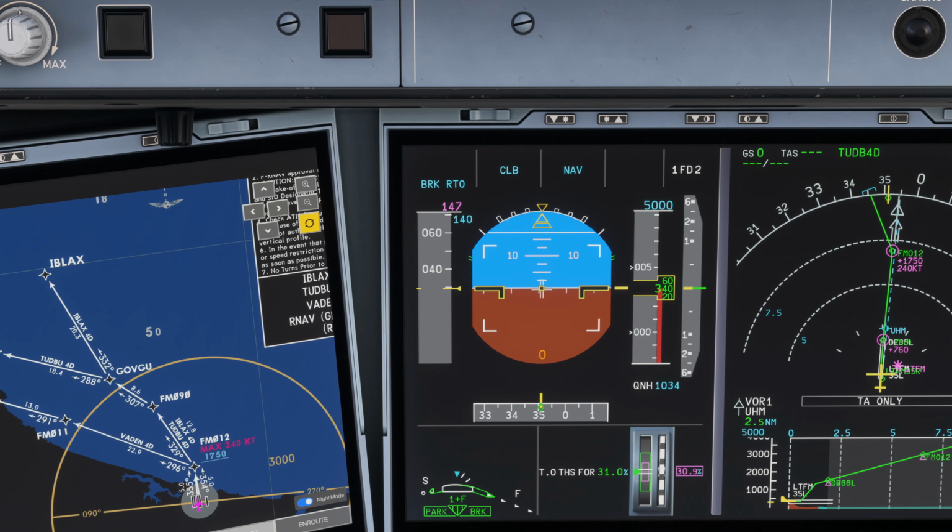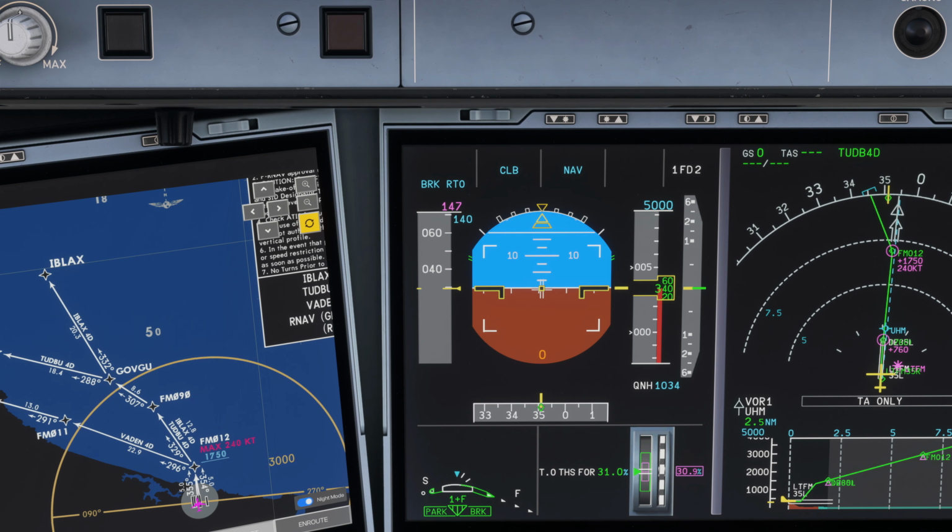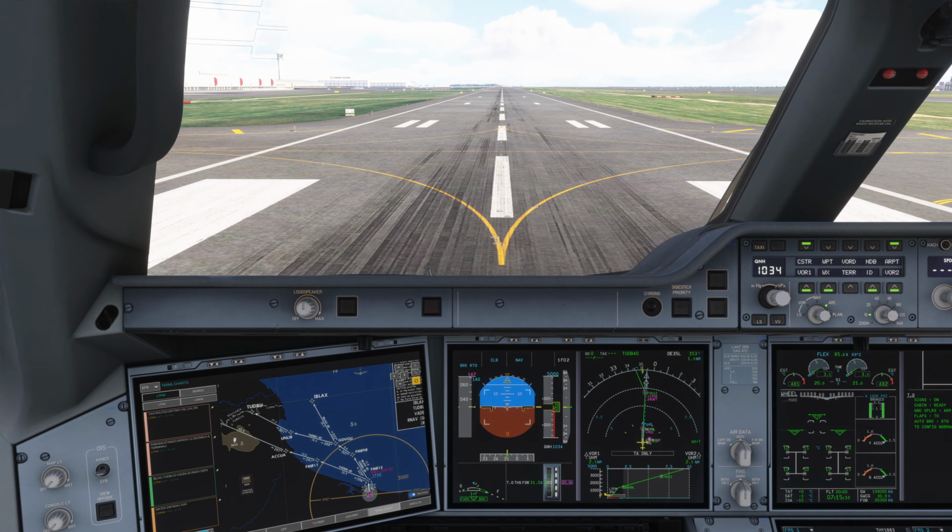Now, there is one specialty for the A350 in a crosswind takeoff. Normally, on most aircraft, if you have a crosswind, the wind pushes so strong on the vertical stabilizer that the aircraft has a tendency to yaw into the wind. So let's say we have a left crosswind, the aircraft would have a tendency to yaw to the left. On the A350, it is the other way around.